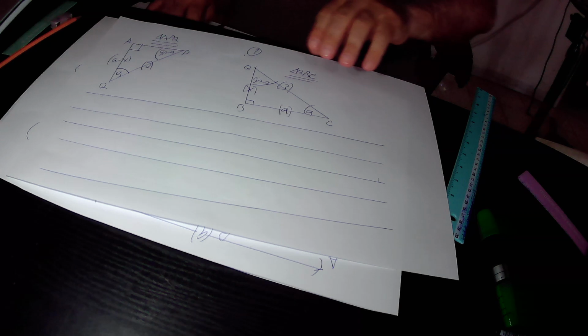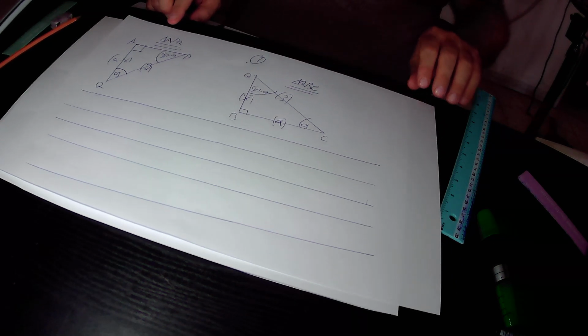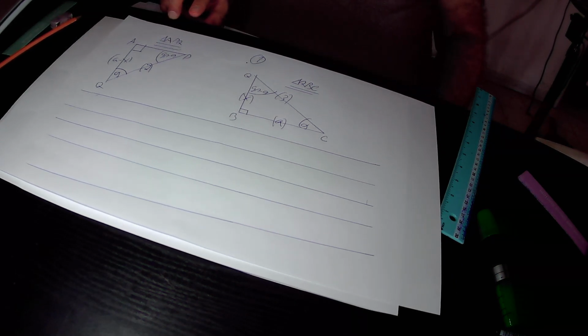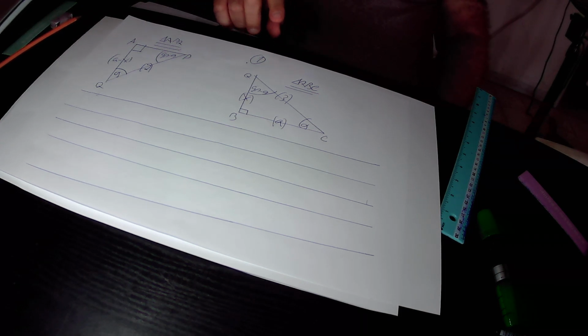So actually, those are the two right triangles that are coming from the original drawing. This is the right triangle APQ, and this is the right triangle QBC.